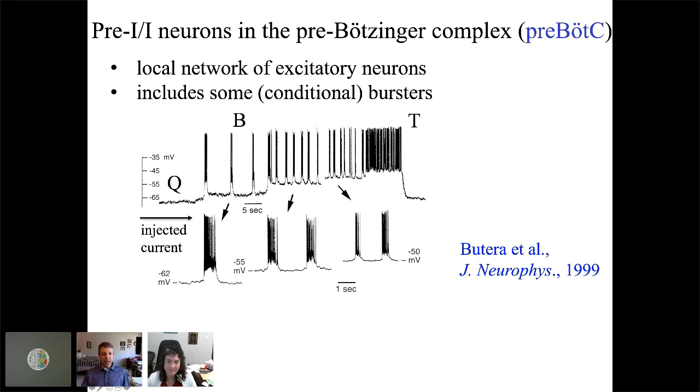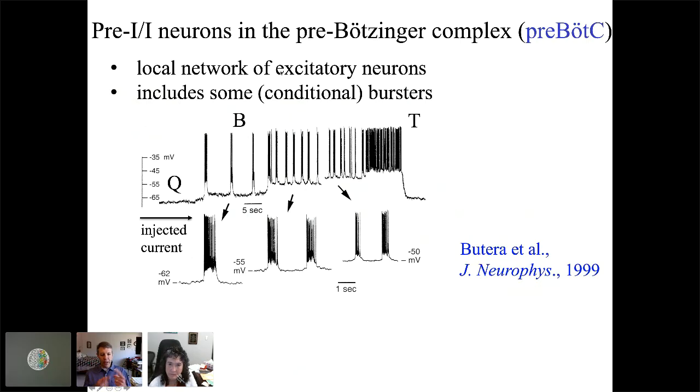You can see these are actually experimental traces, but the model does this as well. These neurons, if you inject current into them, go from quiescent to bursting, and the burst properties depend on the current level until eventually they can switch over to a tonic spiking state. So we think of these as conditional bursters.